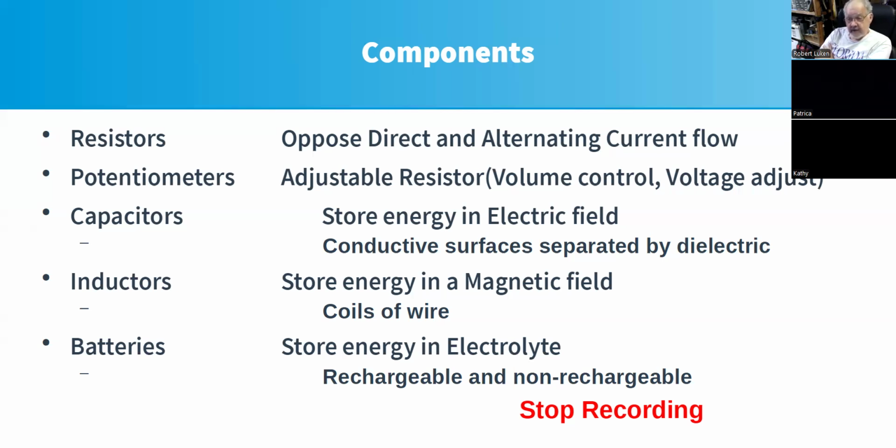Essentially, it's just a piece of wire wound into a coil. The magnetic fields around the wire interact when it's wound as a coil, so it increases the inductance of it, and also the magnetic field.